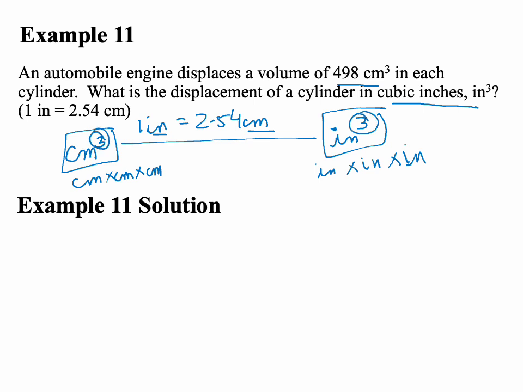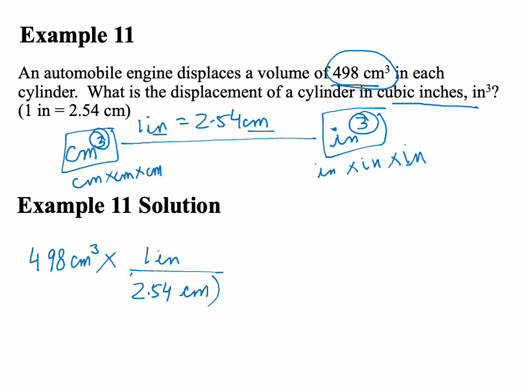So what do we do? We start with the starting number given to us, 498 cubic centimeters. We will multiply it with the conversion factor. Again, this is centimeter, so centimeter goes in the bottom: 2.54 and 1 inch. Now, because I need cubic centimeter, I'll cube this whole number, which means I should also cube this whole number on top.